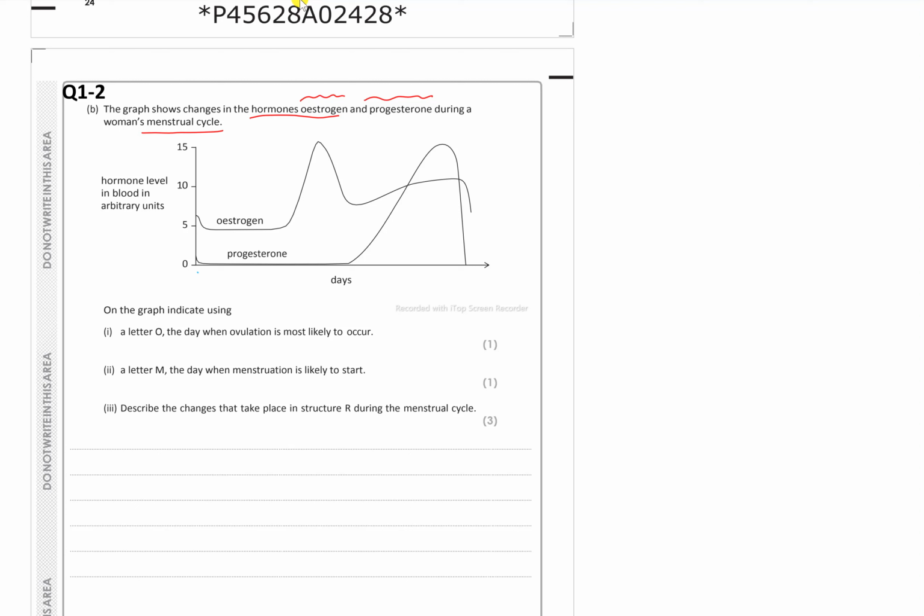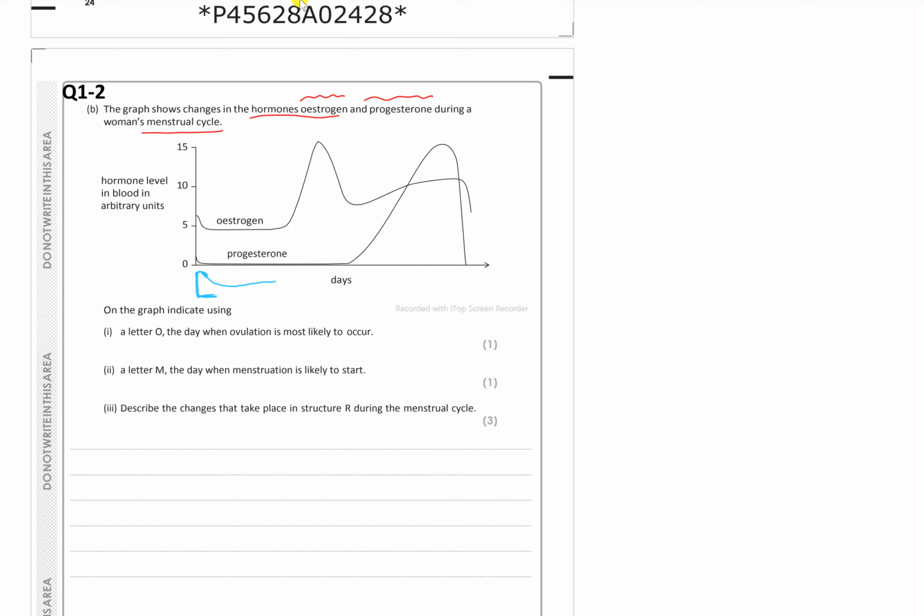the uterus wall was thick here, ready for a fertilized egg to implant and pregnancy to commence. But if that doesn't happen, the uterus wall starts breaking down. And then, let me redraw that. It breaks down and then it starts the process again.